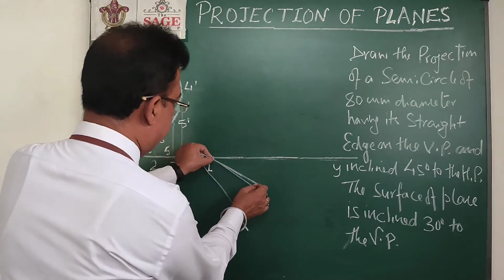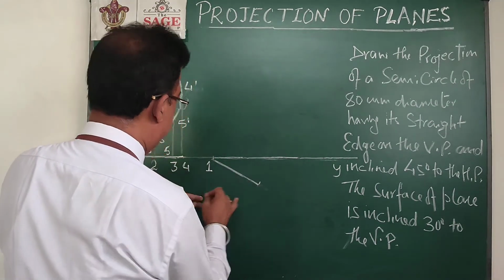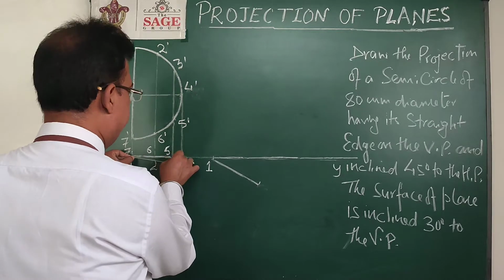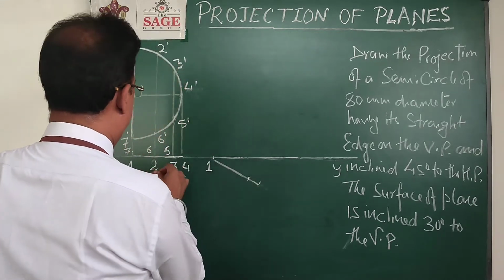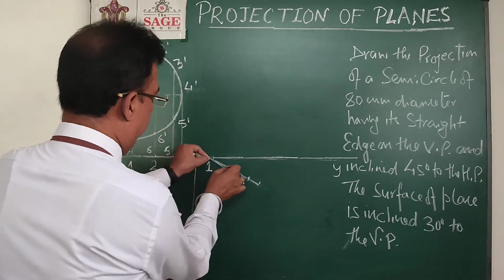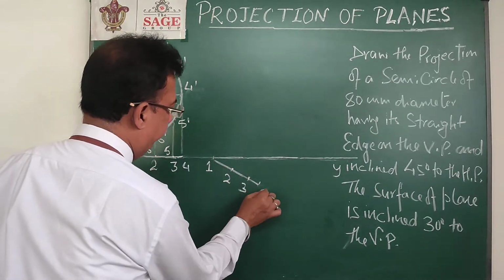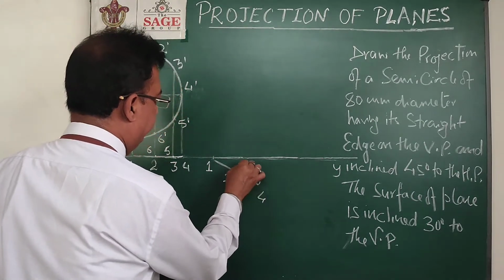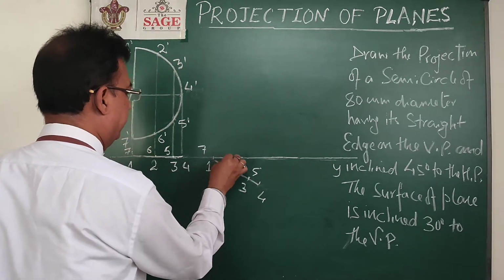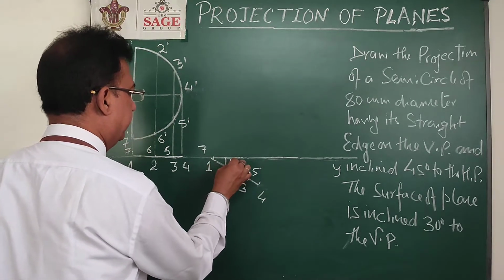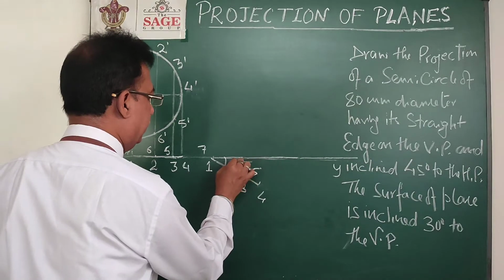So the same distance I will carry forward on this line. I will shift all the points on this second top view. So this will be 1, 2, 3, 4, 5, 6 and 7, and this angle will be 30 degree.